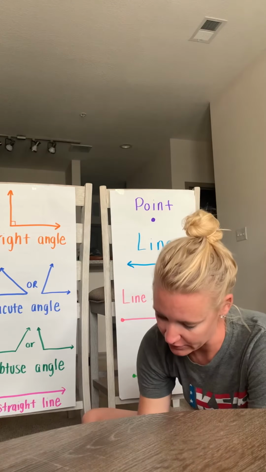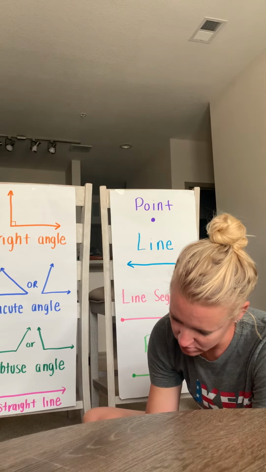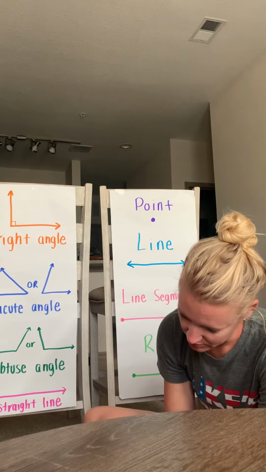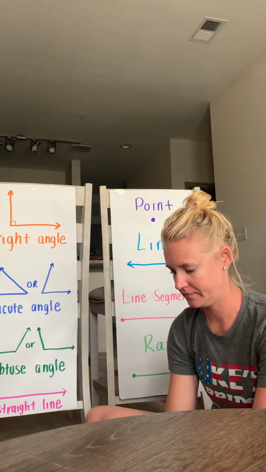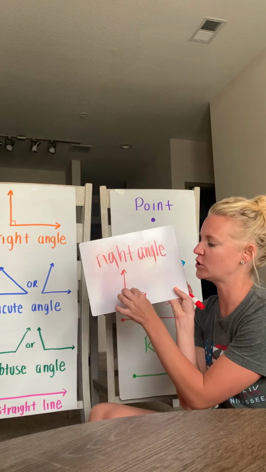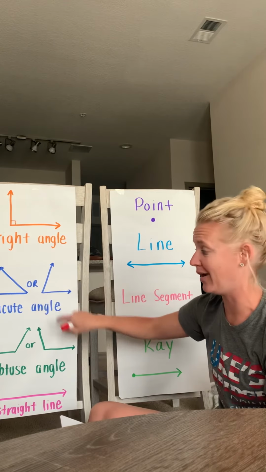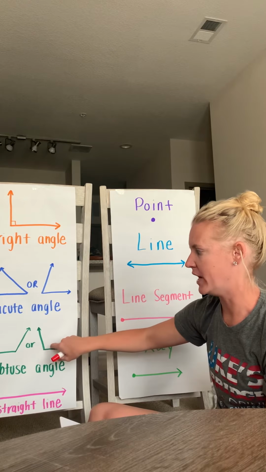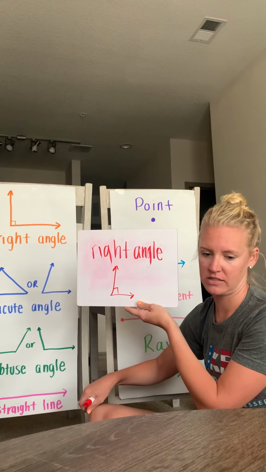So you would write out the words right angle. Cole had to move because he couldn't see. So he's on this side now. And there's your right angle. It makes a perfect square in the corner. You'll notice this does not make a perfect square. It's more like a triangle. Same with this. It's a wider triangle. So this perfect square is the right angle.